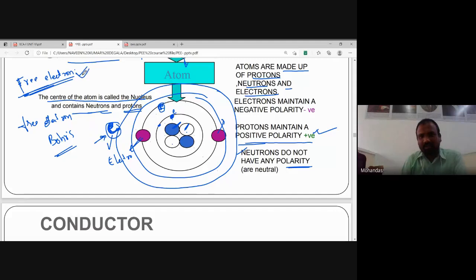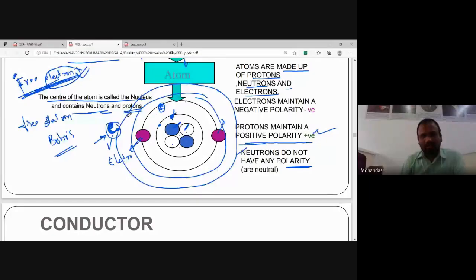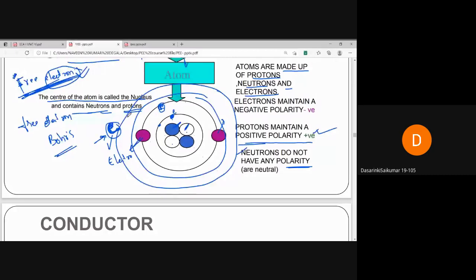This free electron is very important to understand the concept. So the valence electron which is detached from the outer orbit is known as a free electron.